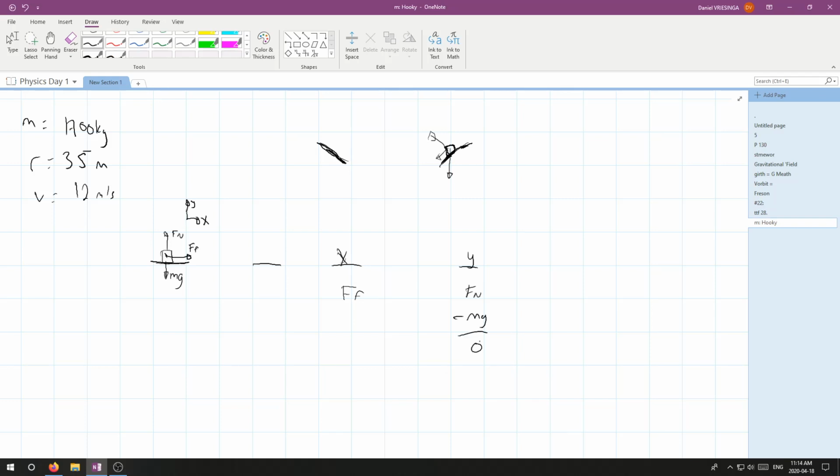Those need to total 0 so that the force in the y direction is balanced, meaning the car is not accelerating in the y direction at all. It's just staying on the road. Makes sense. And then in the x direction, I only have one force as well, and that is my mass of my car times my centripetal acceleration, which is towards the center of my circle, right?